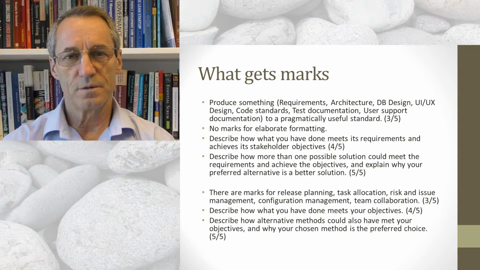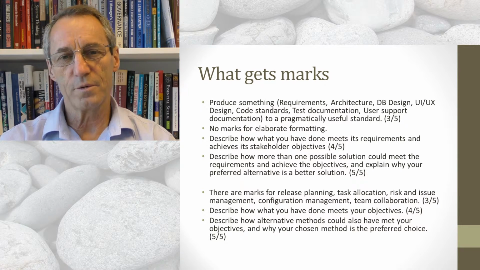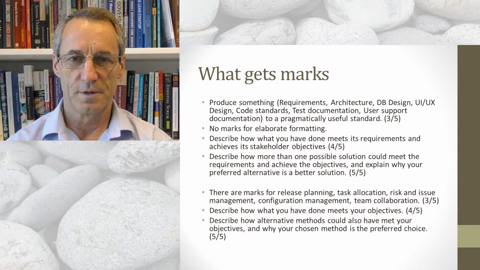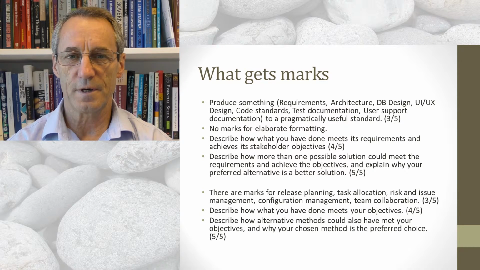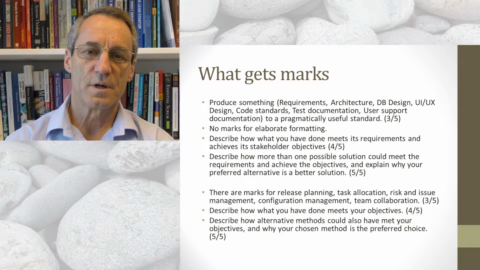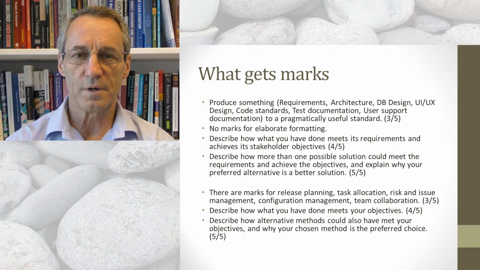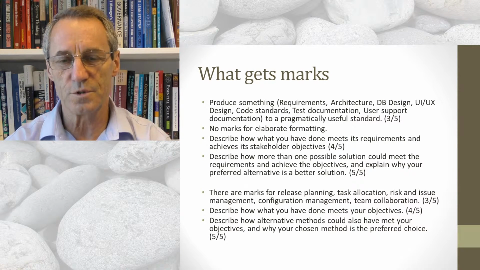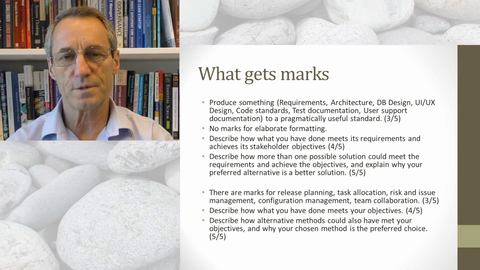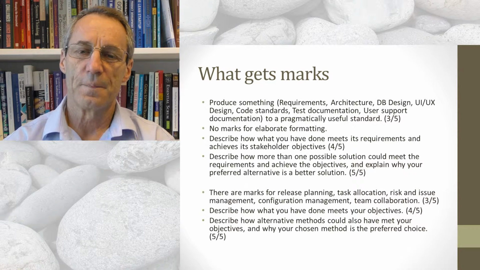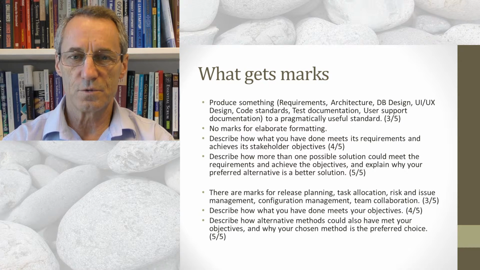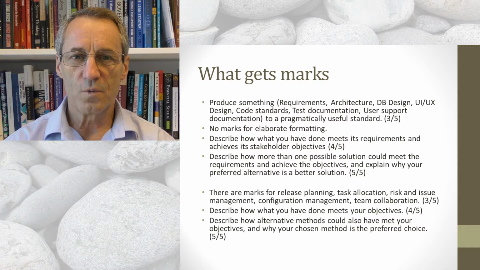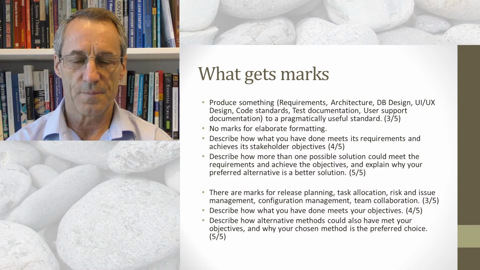Having said that, with your deliverable, you then have to say how that deliverable meets those objectives. Now, if you can do that, that's 4 out of 5. Okay? Because that demonstrates a greater understanding of what you've done and why you've done it, than if you simply do it. You just do it and produce something and it's pretty competent. Cool. That's 3 out of 5. That's competent work. 4 out of 5 requires you to demonstrate to the tutor and to me that you know what you've done and why you've done it.